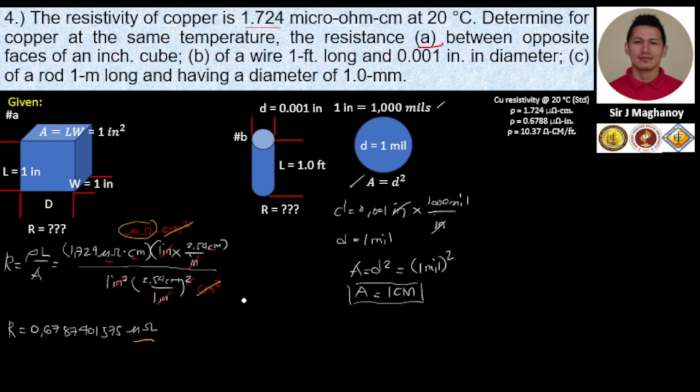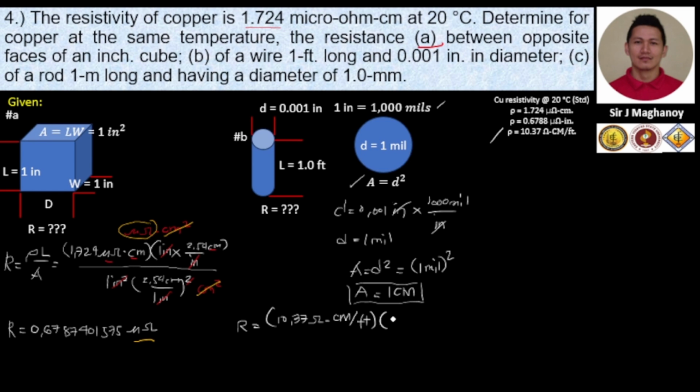We can substitute it right away to our formula for resistance. So the resistivity of our conductor in ohm circular mil per foot, we need to input the value of 10.37 ohm circular mil per foot. How about the length?